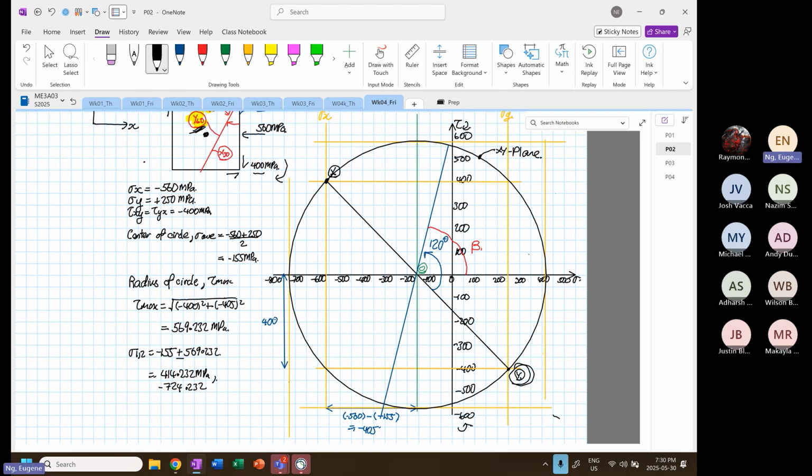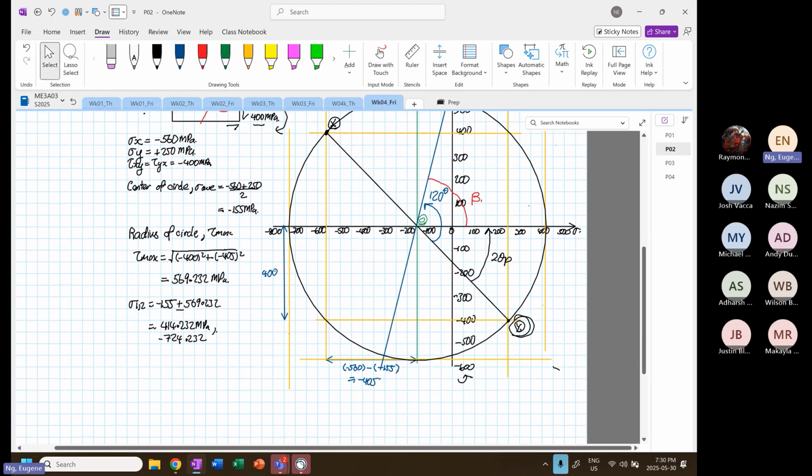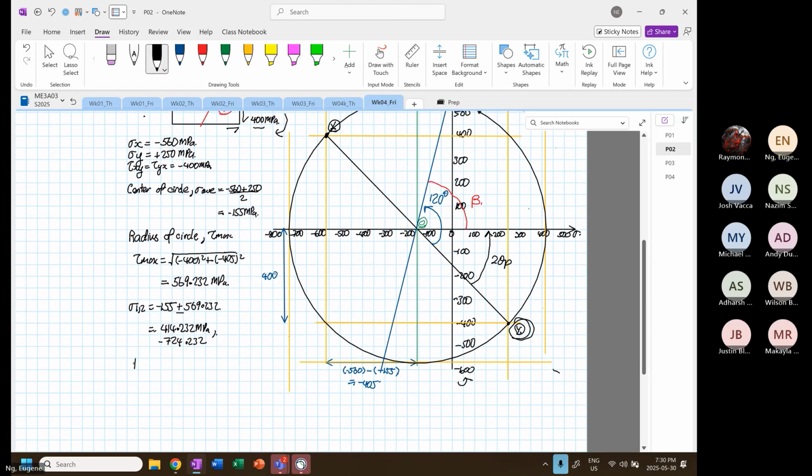Okay, so before we determine angle beta, we can also determine our 2 theta p, right? So from here, tangent 2 theta p will be equal to 400 divided by 405.